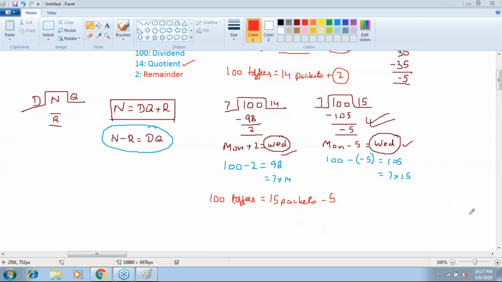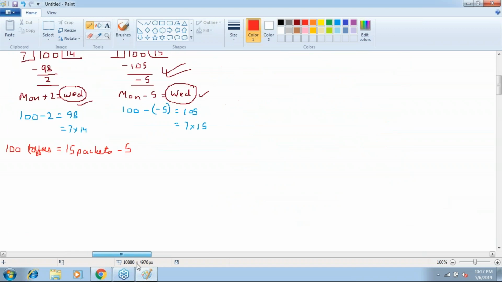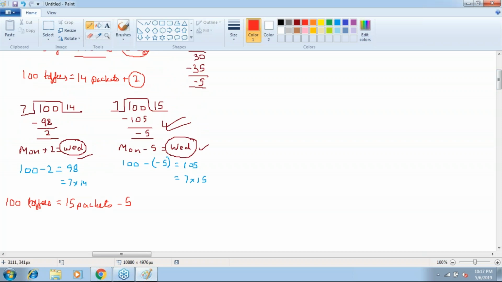When we learned multiplication, we were told, or we learned on our own, that multiplication is actually addition. So when you were asked 3 into 7, you knew it is 7 plus 7 plus 7.